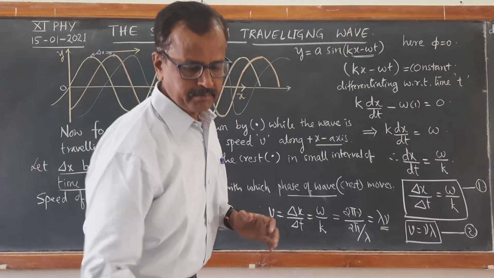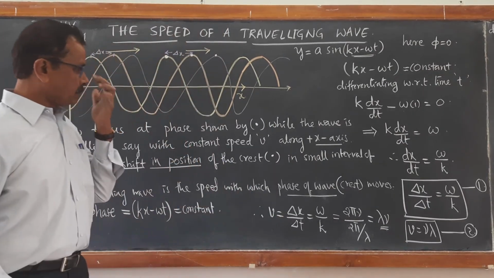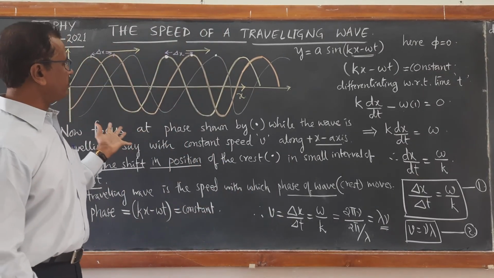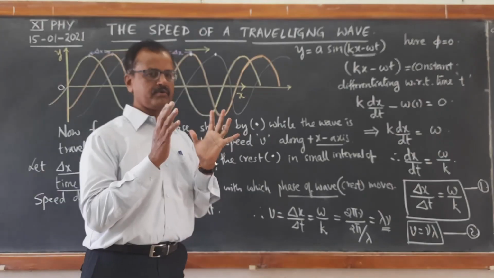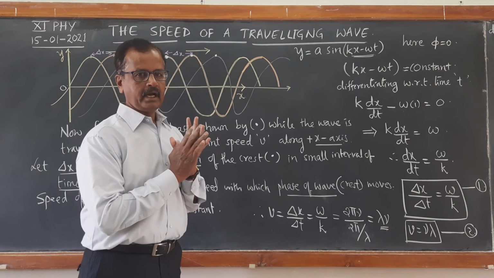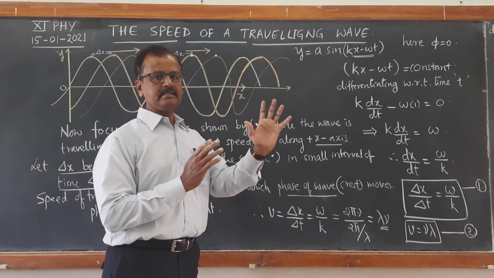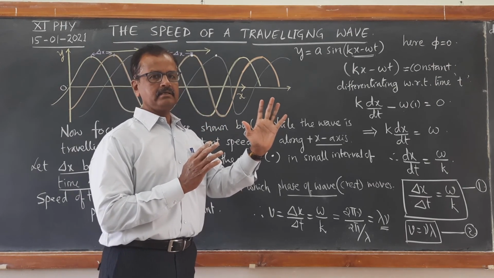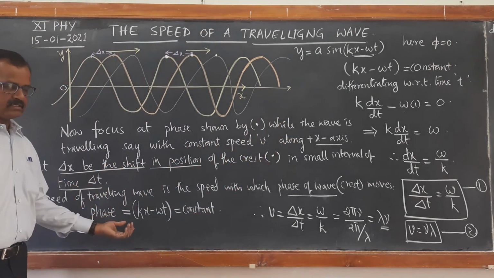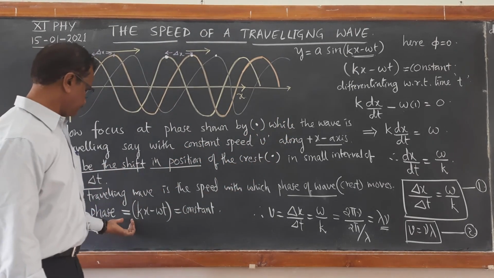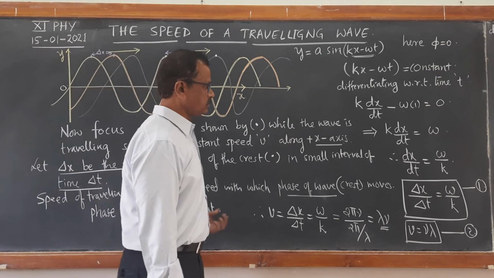Remember, the speed of a wave is defined as the speed with which the phase of a wave moves. And when the phase is in motion, the phase is always taken to be constant. kx minus omega t is equal to constant.